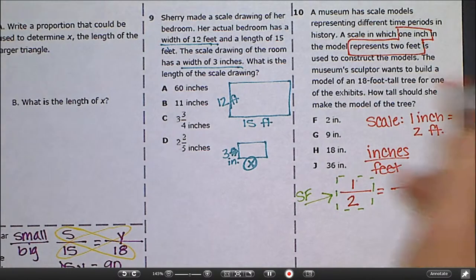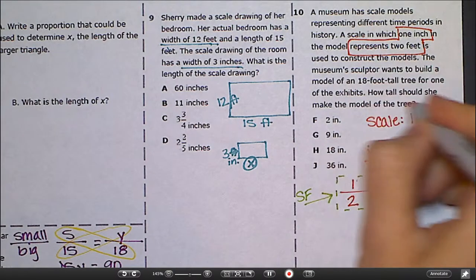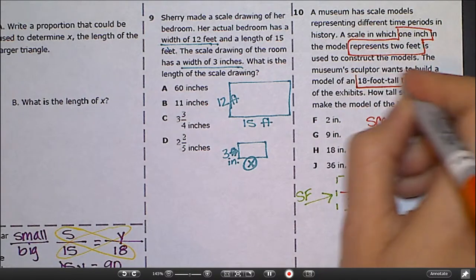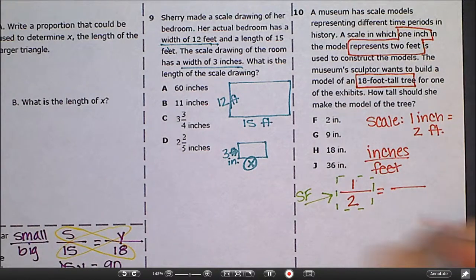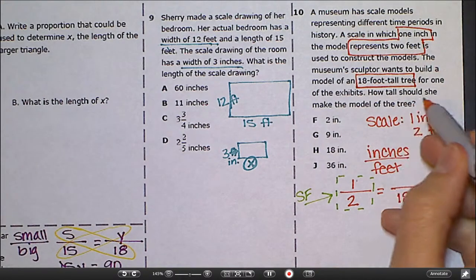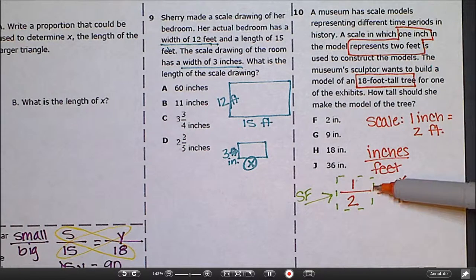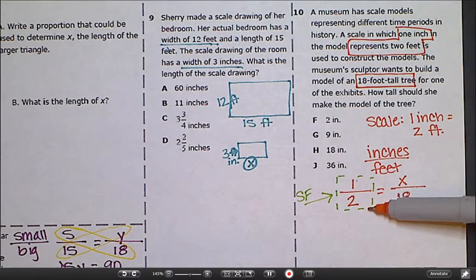Now, the other information I'm given is that he wants to build a model of an 18-foot tall tree. Well, feet goes on bottom, so 18 feet goes on bottom. It says how tall should she make the model of the tree. So that's going to be in inches. So what I've done here is I've figured out the scale factor, 1 inch equals 2 feet, and used that as my first ratio.